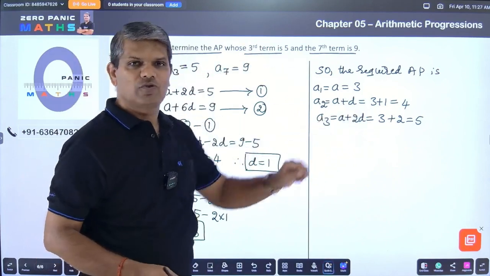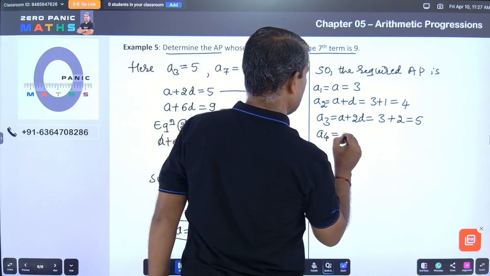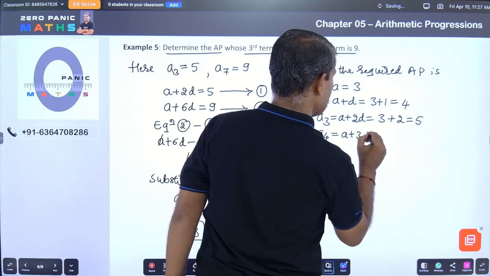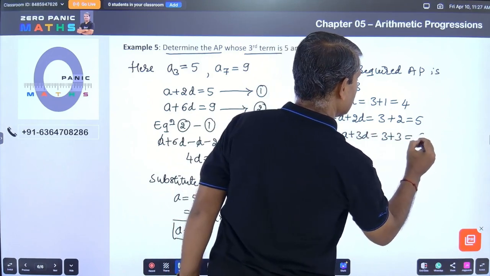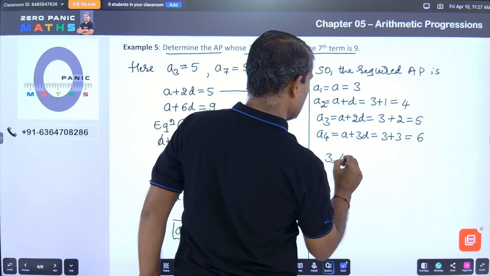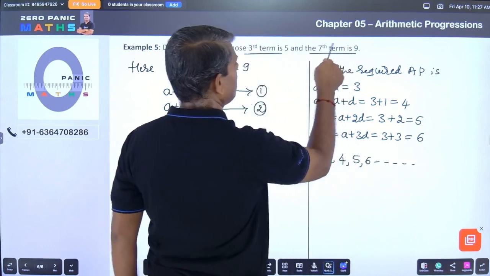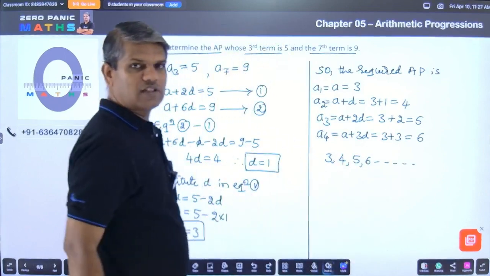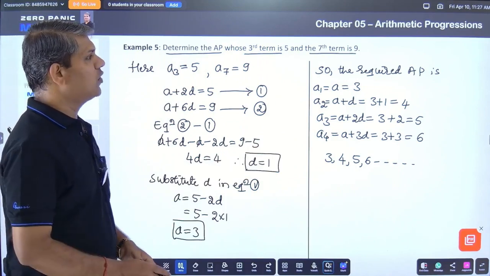And the fourth term a plus 3d is equal to 3 plus 3, that is 6. So it is 3, 4, 5, 6, and so on. And the seventh term will be 9 also in this case. So this is the solution for this problem.